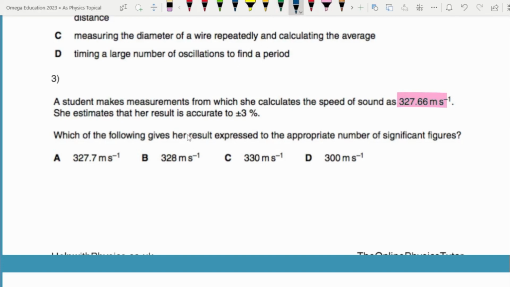Okay, for this one, you see the given value is 327.66. What you can do is find 3% of it. So 3 divided by 100, or times 0.03. Then you hit it on the calculator.